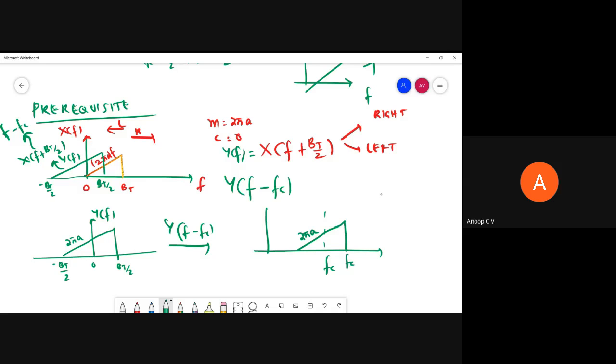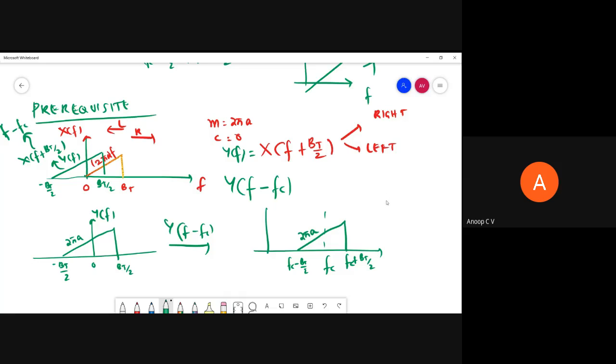It will span from fc plus bt by 2 to fc minus bt by 2, right? And this is y of f minus fc.